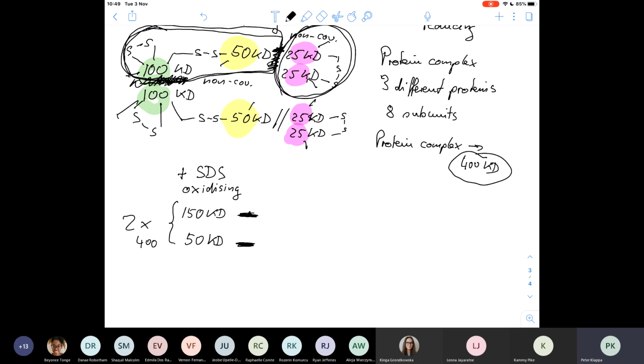So it would be pretty much in line with what we would expect. Okay, so that's under oxidizing conditions.